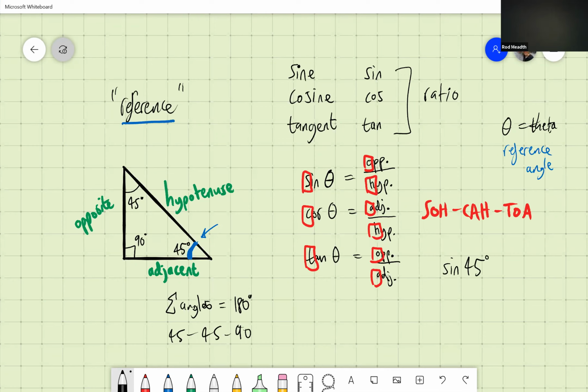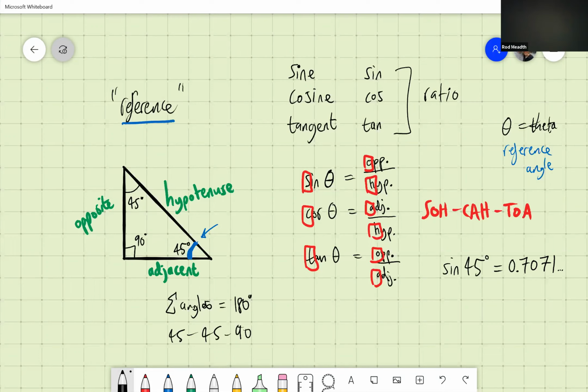And I'm doing that right now. Sine 45, and I press equals. And what you should see come up on the screen is 0.7071 and so on. Okay, that's 4 significant figures, by the way, which is a kind of a standard number. Okay, sine of 45 is 0.7071.